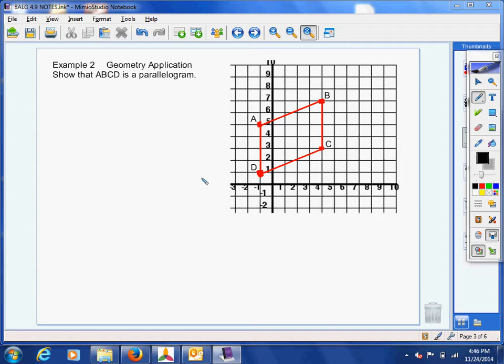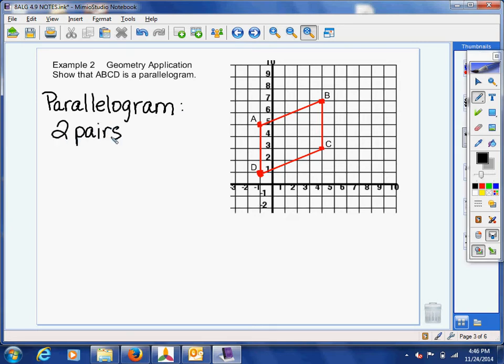actually a parallelogram. As you may recall, I don't know how much geometry you've had, but let me define a parallelogram for you. What you have here are two pairs of parallel sides, and those parallel sides are opposite of each other.